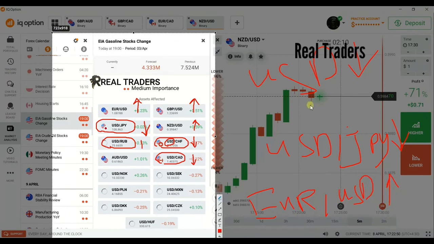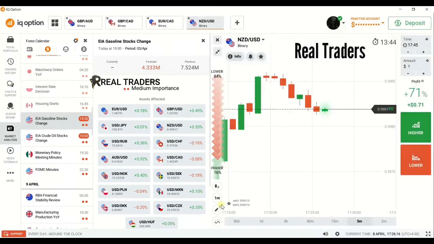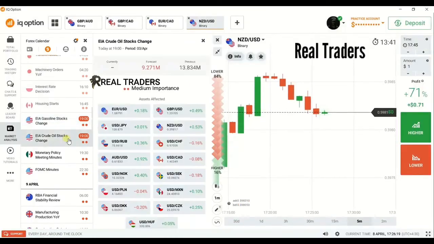Why? Because USD will go down. In the USD JPY, the USD is the measure currency, so overall the price will go down. And here the USD is in the second place, the Euro is the measure currency, so the price will go up. This is the reason, and always trade on those where the forecast is visible for you.